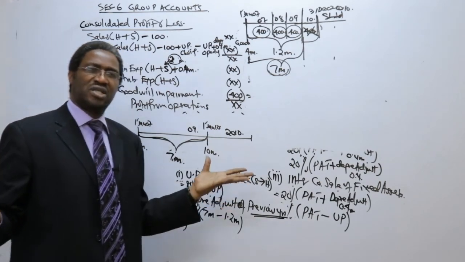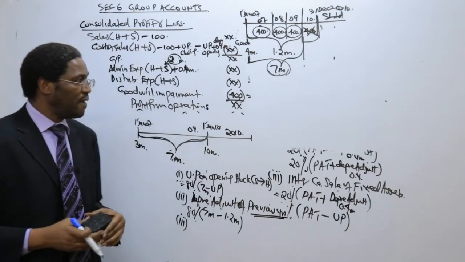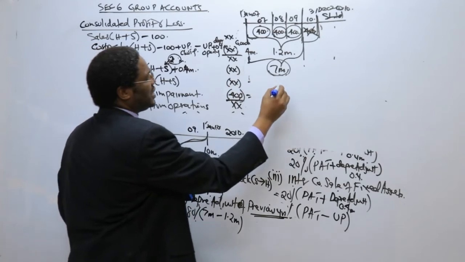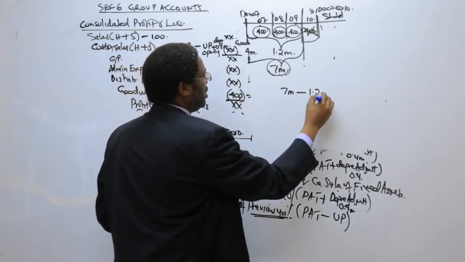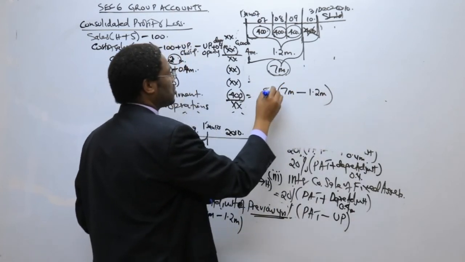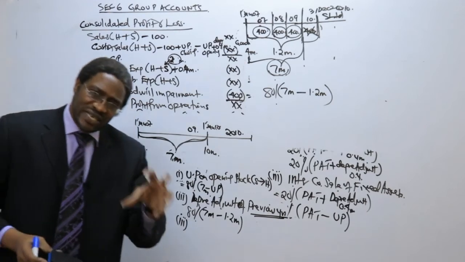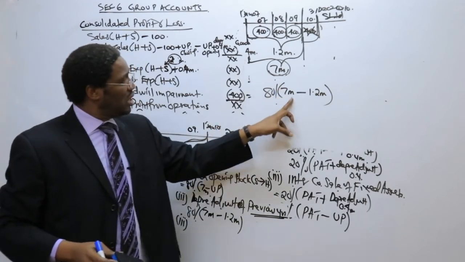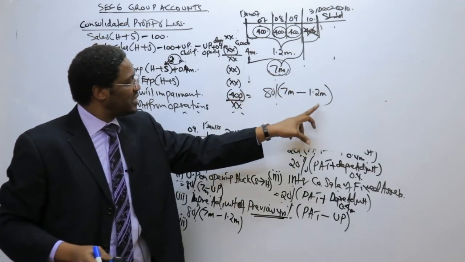Yes, as much as the post is 7 million, how do you calculate your share? Tell me this. Can I take 7 million, minus 1.2 million, then I take 80% of that? Can I take 7 million, minus 1.2 million, which is for the last 3 years, then I take 80%?